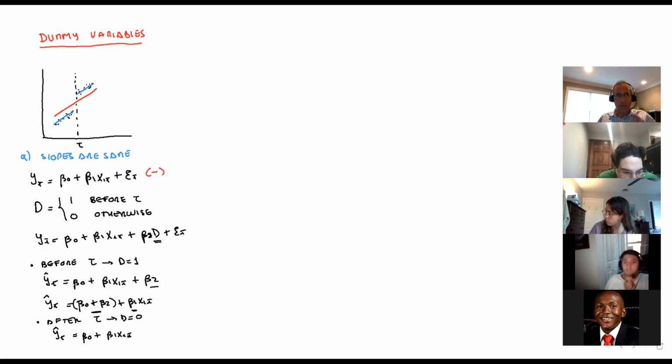Make sense? So now, how do you expect beta 2 to be, guys? Positive or negative? Remember, when we are in period 2, my intercept is going to be higher. Do you agree? So how do you expect beta 2 to be in this example?